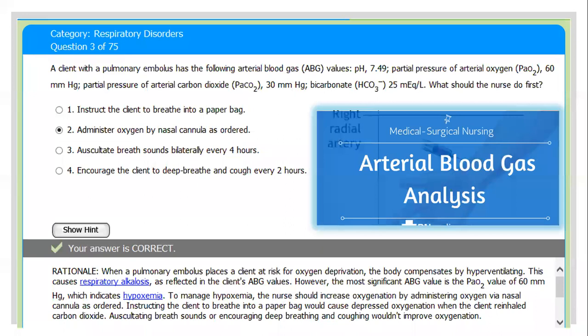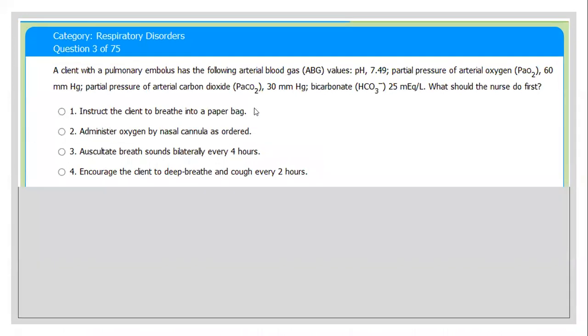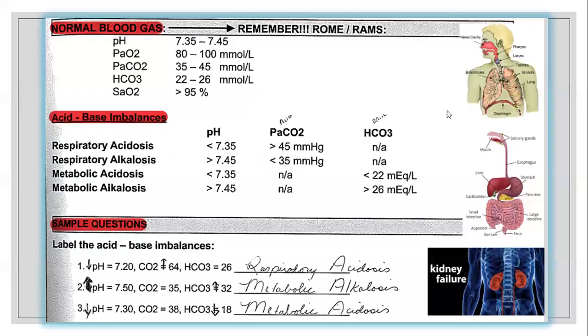Now let me go back here. The second value, partial pressure of oxygen, is 60. So what is the normal? Partial pressure of oxygen is supposed to be 80 to 100.